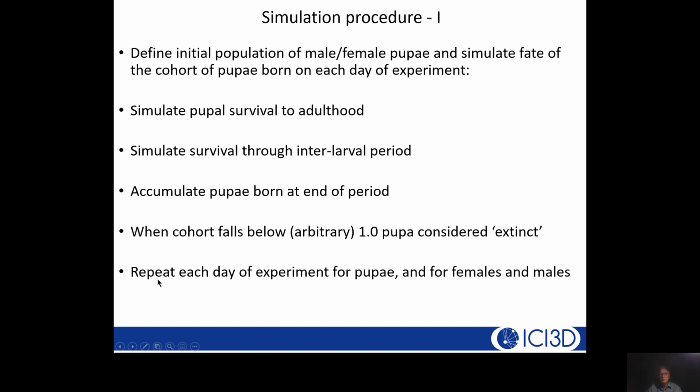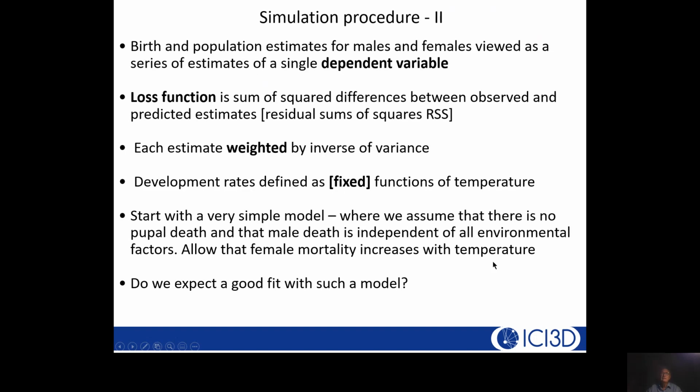And of course, as we're doing this, we're producing pupae, which we'll be picking up later on down in the experiment. And we just keep doing this right the way through for every day of the experiment over the 4 years. And we look at the males and the females. Okay. So that's actually the nuts and bolts of it.